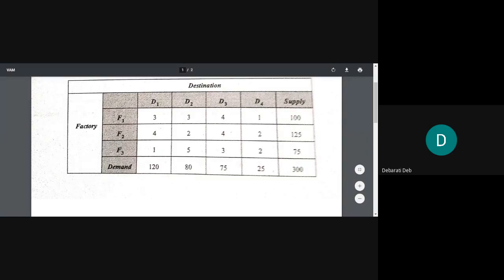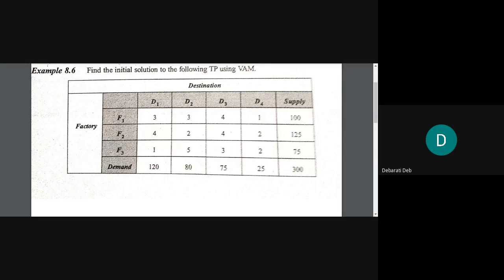Then make the supply column: under supply you write 100, 125 and 75. And you will make a demand row: corresponding to this row, you will write 120, 80, 75 and 25. The total of both the supply and demand side is 300.